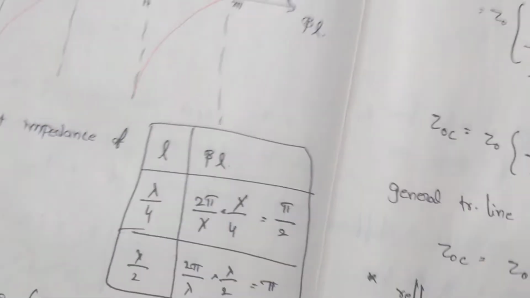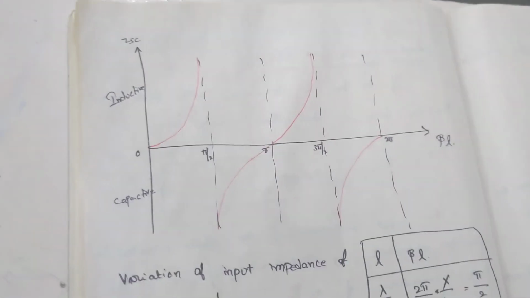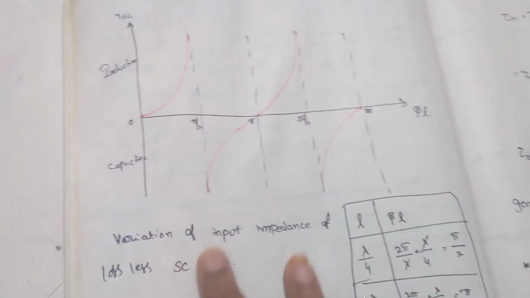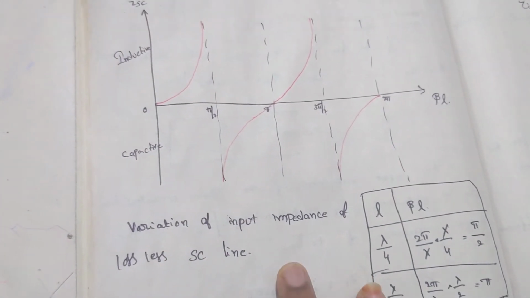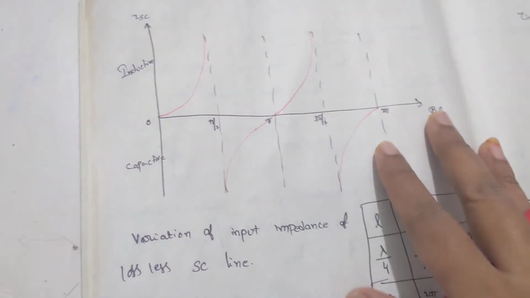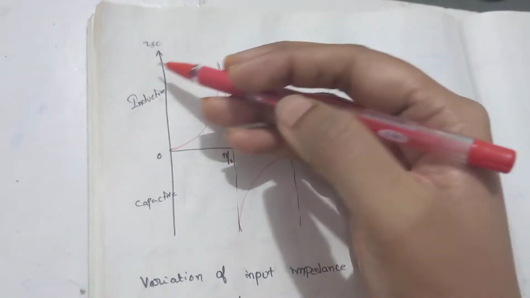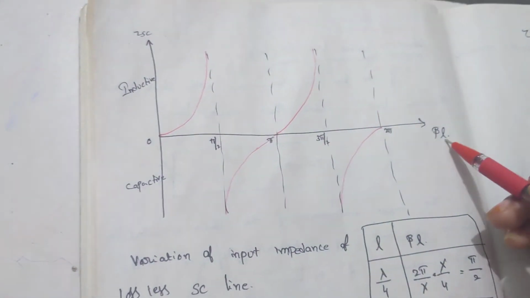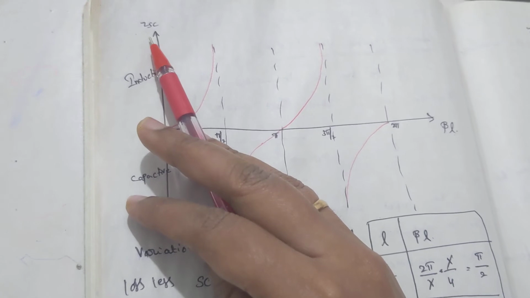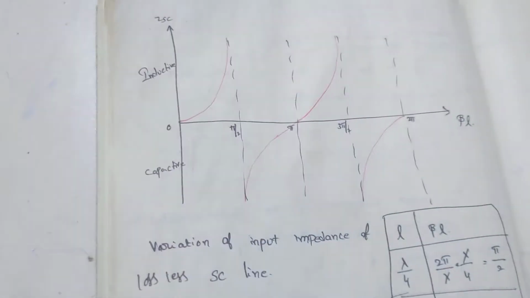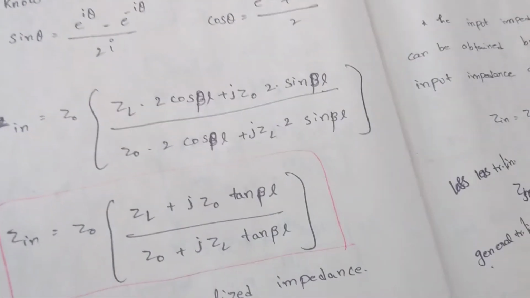If I want to draw the variation of input impedance of a short circuit transmission line, I need to put beta L on the x-axis and ZSC on the y-axis. ZSC I can find from the given equation.